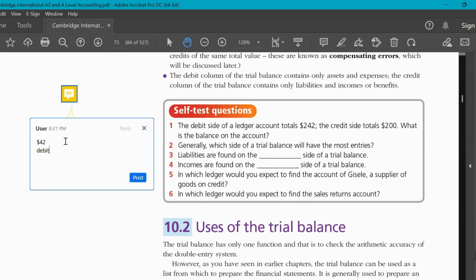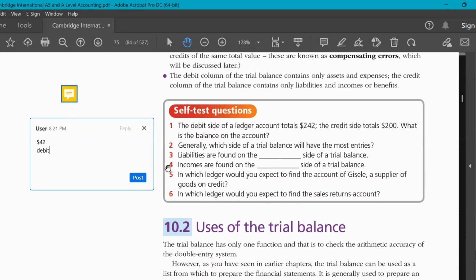Businesses usually have many different assets, such as cash, premises, vehicles, receivables, and of course there are many expenses: the wages, the rent, advertising, purchases. And for the credit side, there are only a few categories, such as the income, the liabilities, and the capital. That's why debit side entries are many.